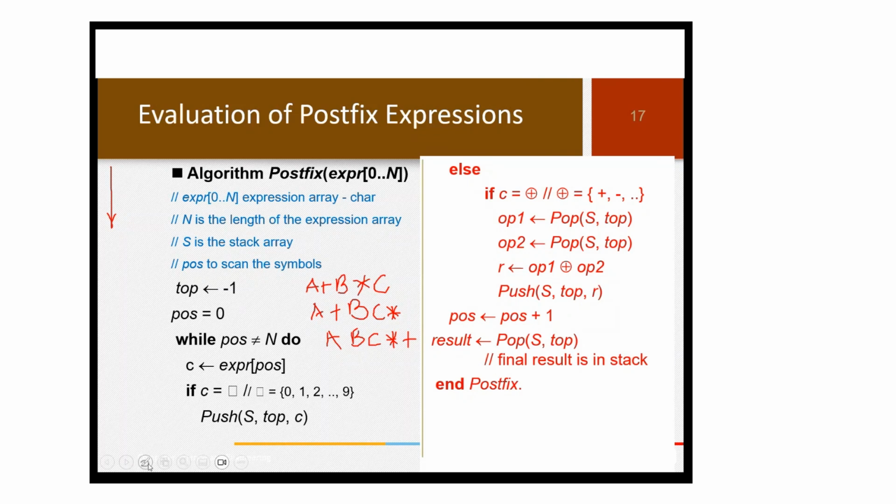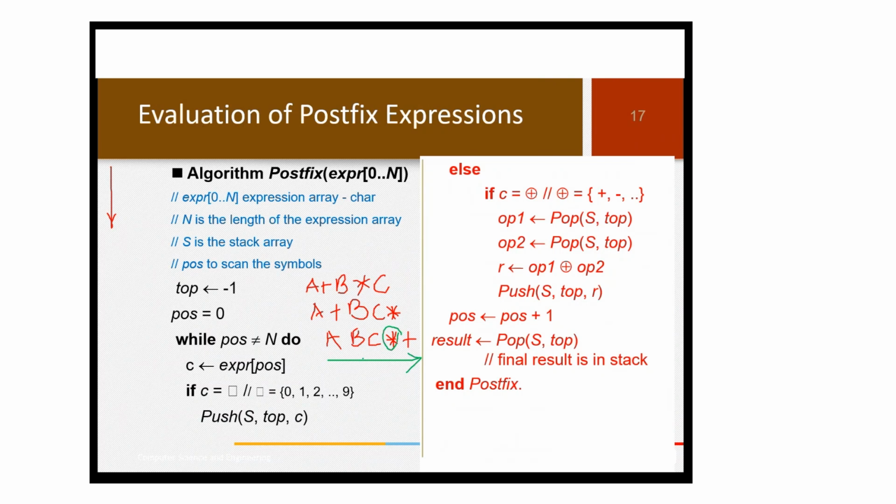Now what happens? I can scan through this postfix expression just once and evaluate it. I keep scanning through the expression until I get an operator; the moment I get an operator, I pop.